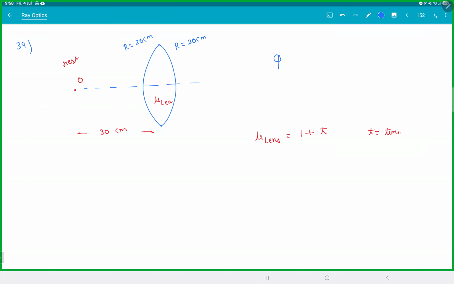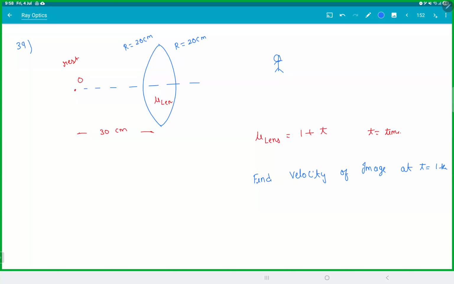So the observer is standing here. If you ask this guy, the object is not moving, but the medium of the lens is changing, so the focal length is getting messed up. Find the velocity of the image at time 1 second. If you mug up the formula of the image, now you will go off. You will not understand how to handle this. That's the reason you need to know your derivations.